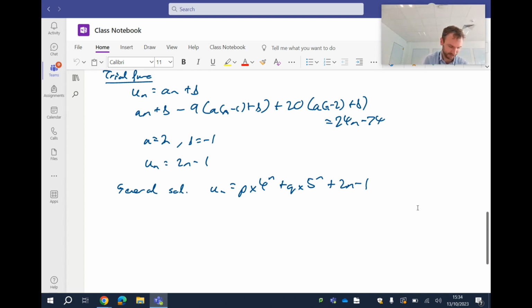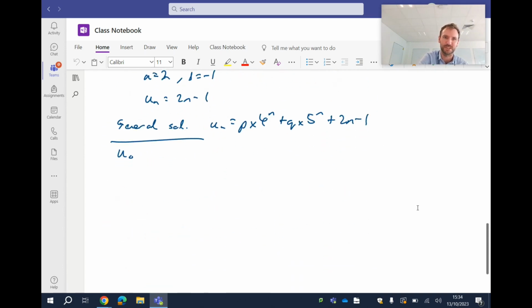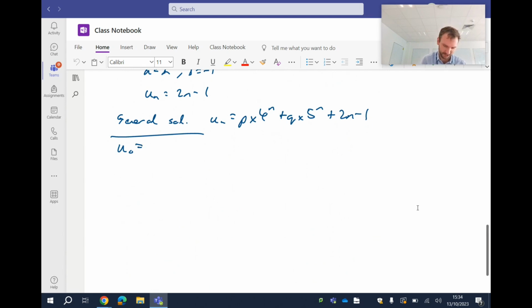We need to use the fact that we had u_0 equal to 2, u_1 equal to 15. So if we use those two facts now, we can sub in, get 2 is equal to p plus q subtract 1, 15 is equal to 4p plus 5q plus 1.